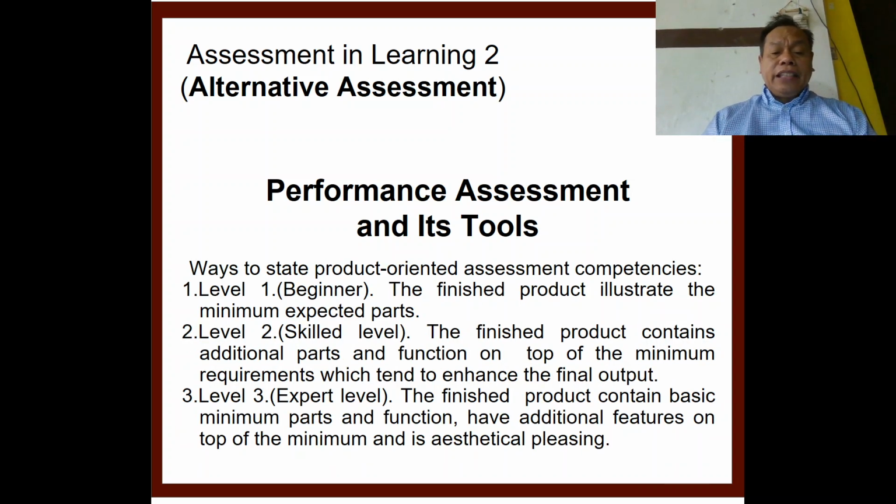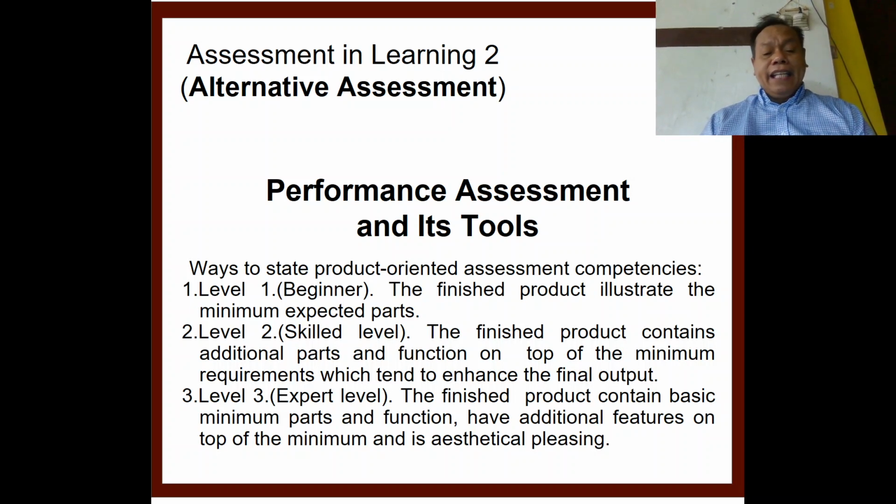There are ways to state product-oriented assessment competencies. We can call it level 1 or beginner, where the finished product illustrates the minimum expected parts. Level 2 would be the skilled level, where the finished product contains additional parts and functions on top of the minimum requirements, which tend, of course, to enhance the output.